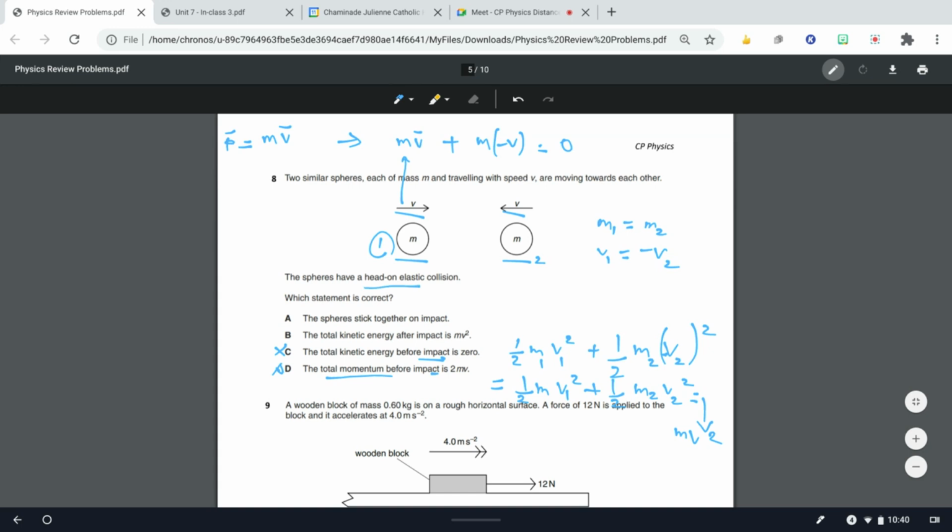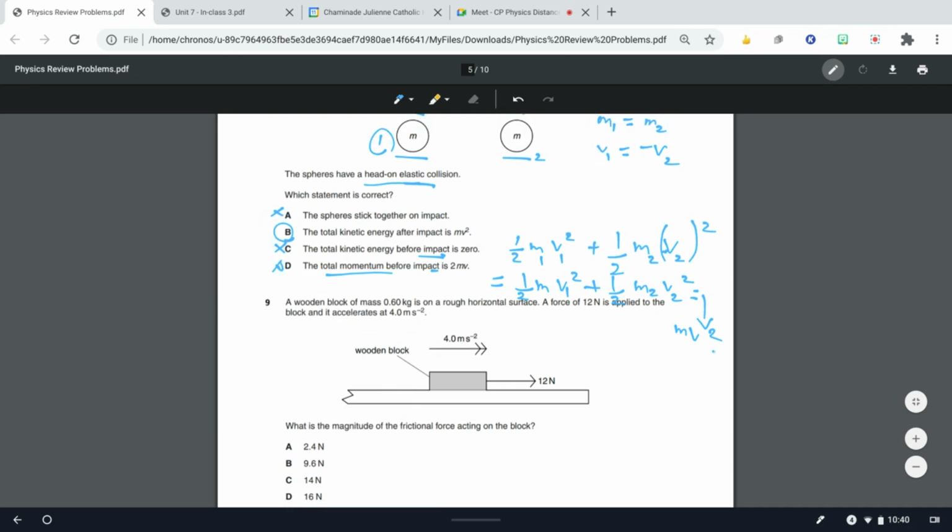Because it's a head-on elastic collision, you cannot select option A, because they won't stick and they would move away. The only option is option B, that the total kinetic energy after impact is mv squared. Again, you've proven this.